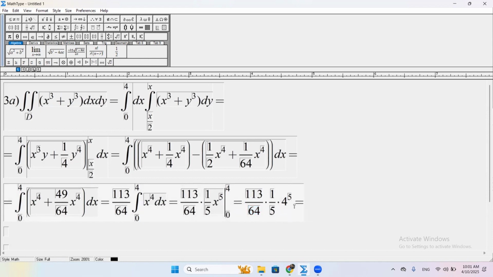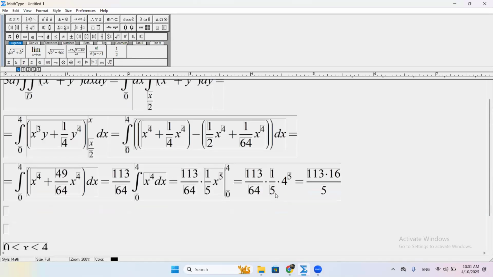So 113 by 16 and divided by 5. So now let's stop doing arithmetical stuff, and we will concentrate on integration.